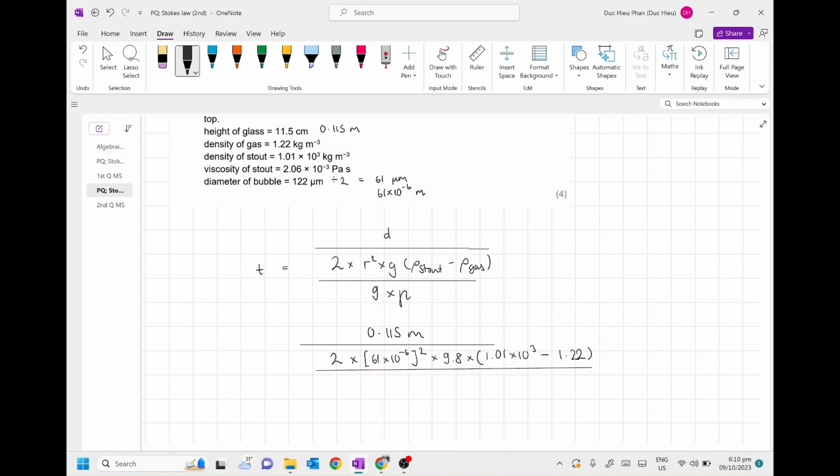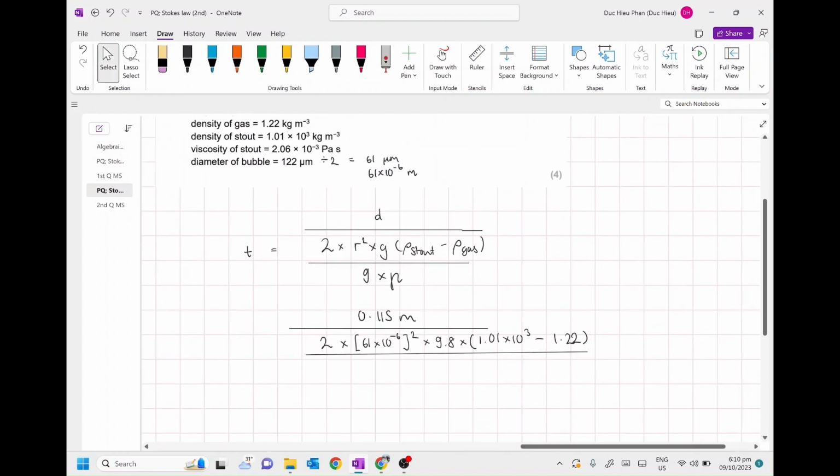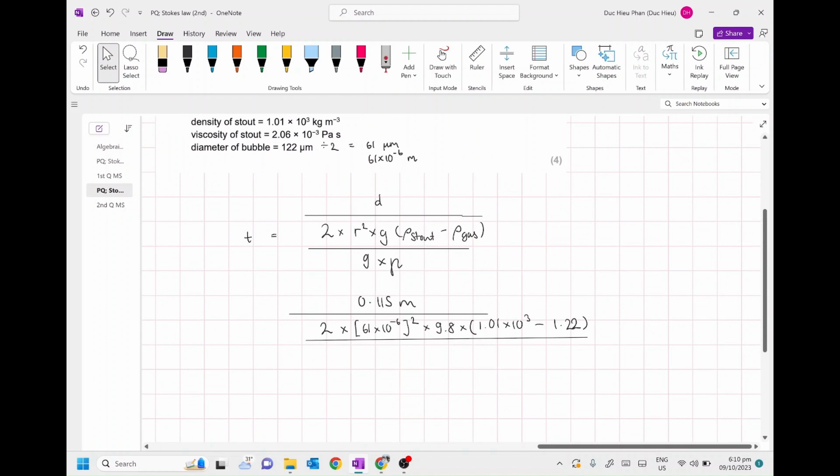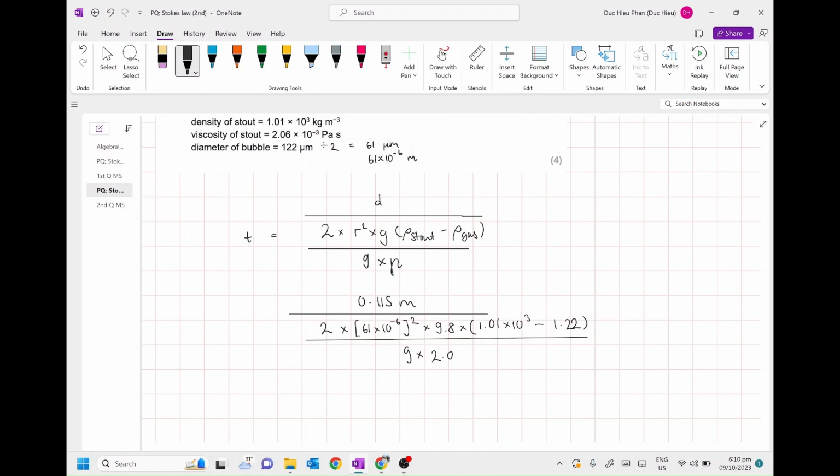And this is laid out horribly. That is all over 9 times the viscosity of the stout, which is 2.06 times 10 to the power of minus 3. And so I'm just going to plug this into my calculator real quick. You can probably skip this, guys.